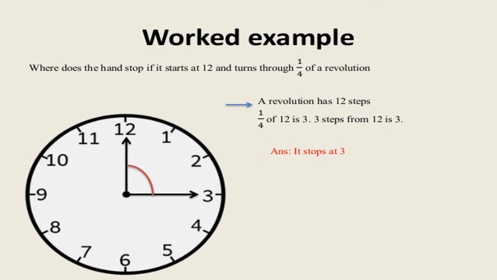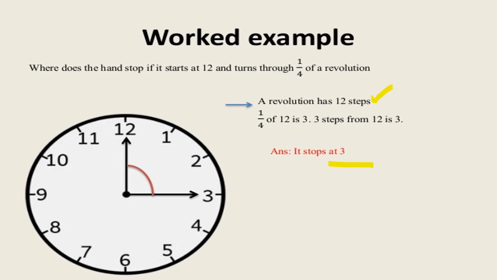Next, using the clock, we are going to find the revolution. Where do the hands of the clock stop if they start at 12 and turn 1/4 revolution? See the figure. So with 1/4 revolution, the clock will stop at 3 o'clock. See, your revolution has 12 steps.